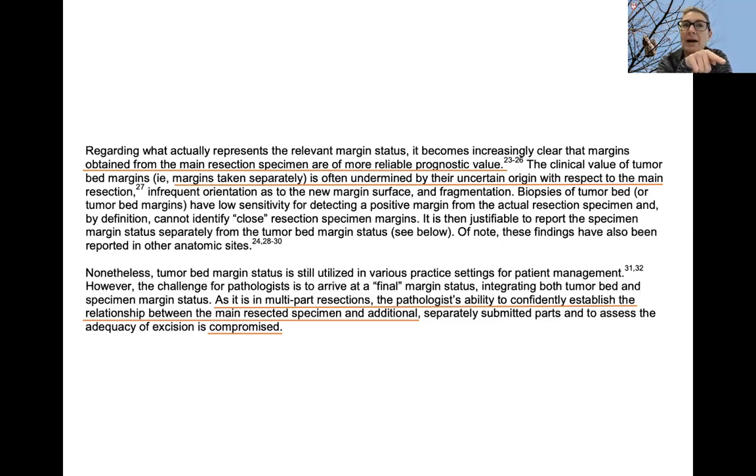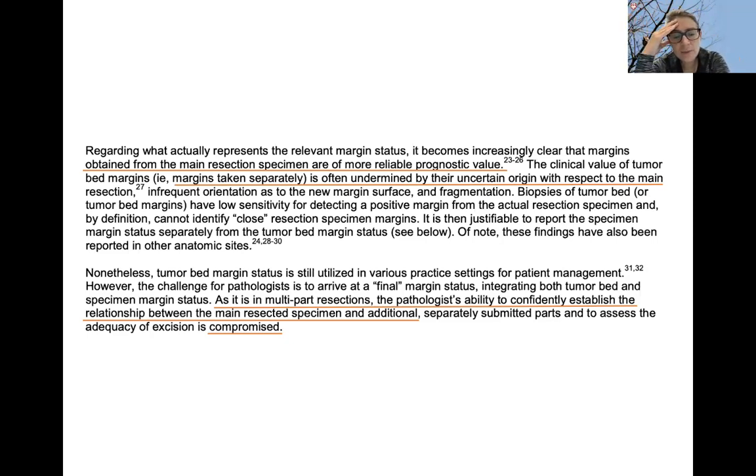So if you have a positive deep margin and a negative deep margin nail bed size, right? I don't know where that nail bed size tissue came from. So I can't tell them whether that's a clean margin or not, right? And I think we've discussed this with some of you. I think it's pretty, you know, conceptually clear why this is a challenge.